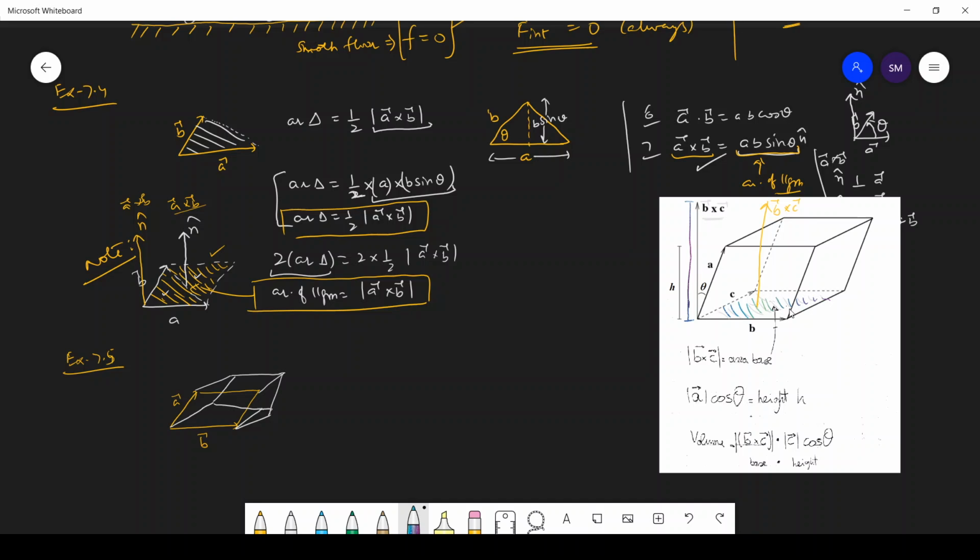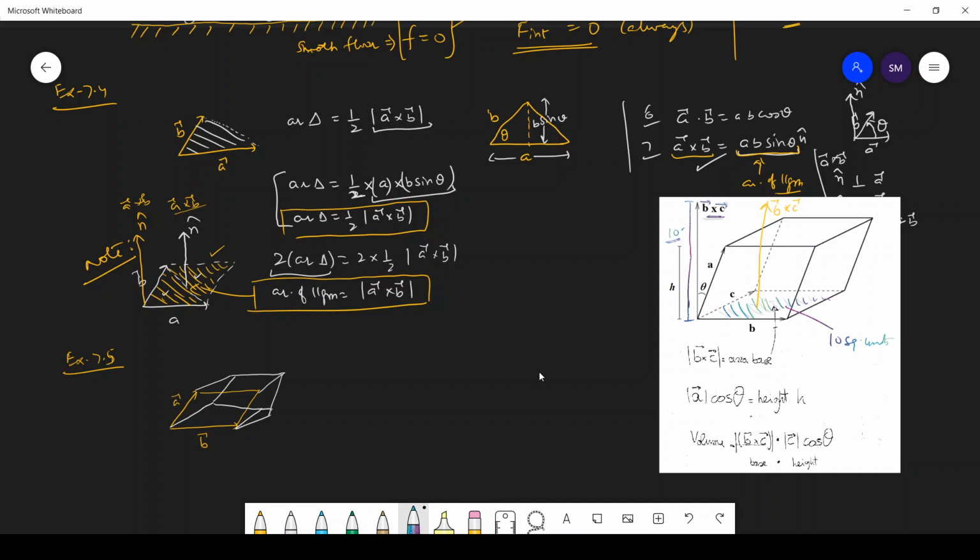If the area of this base is, suppose, 10 square units, then this length is also 10 units. The length of this vector is the magnitude of B cross C. So this area and this length are the same. Okay.